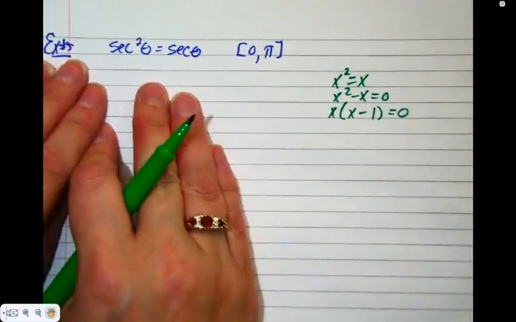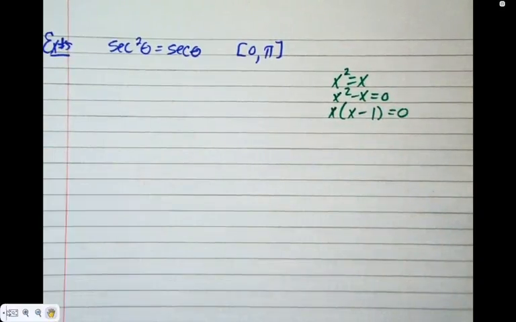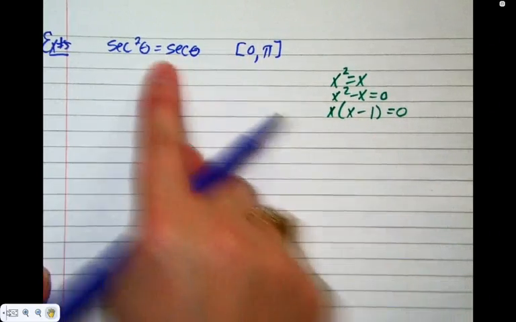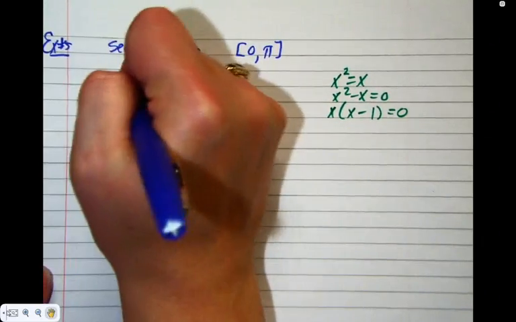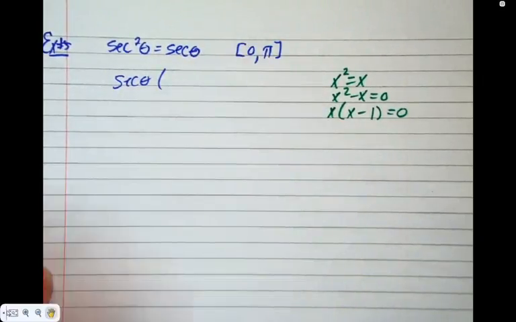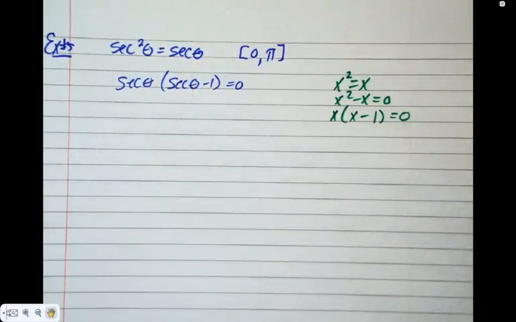Okay, let's bring it over here. If x squared equals x factors into this, what is the secant dude going to factor into? What's going to happen over here? So just follow the pattern. So we're going to have a secant, then a secant, minus 1.